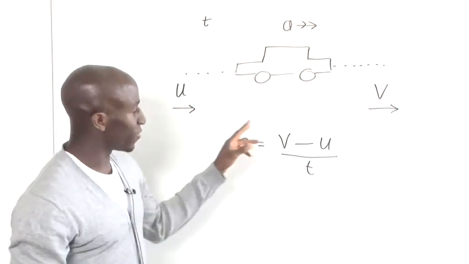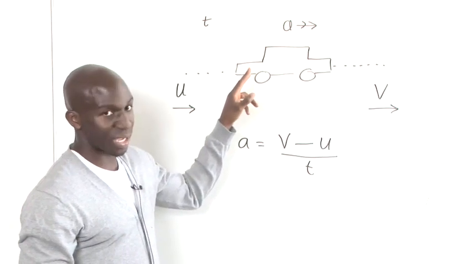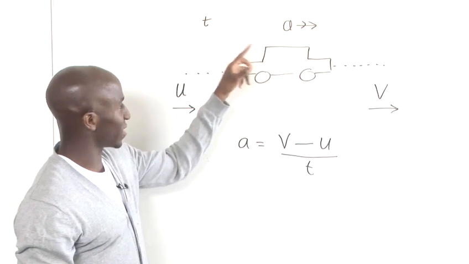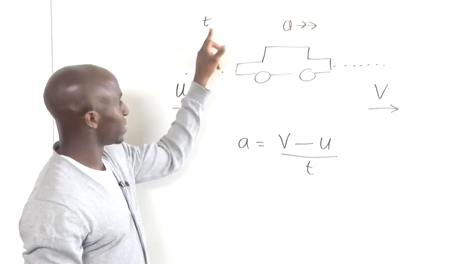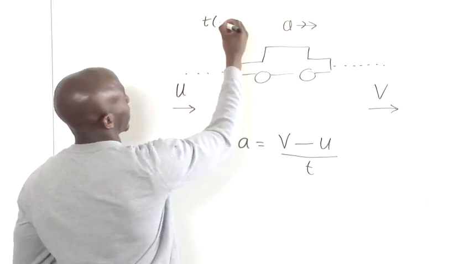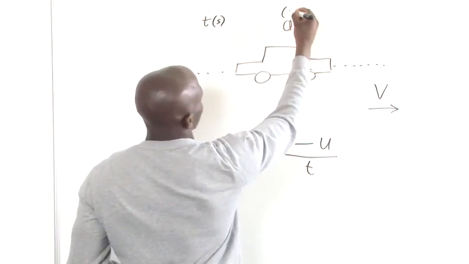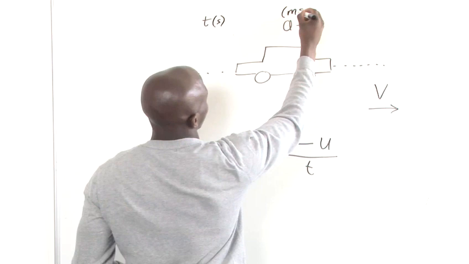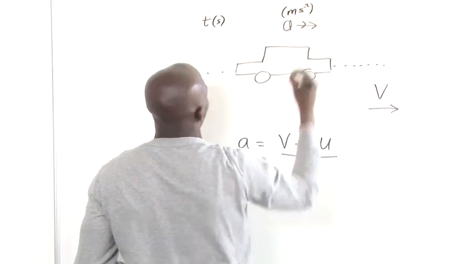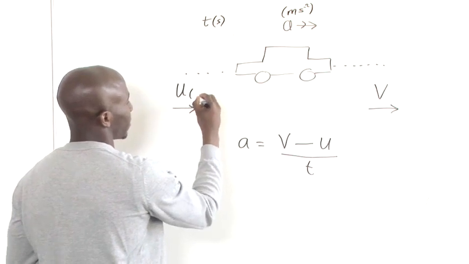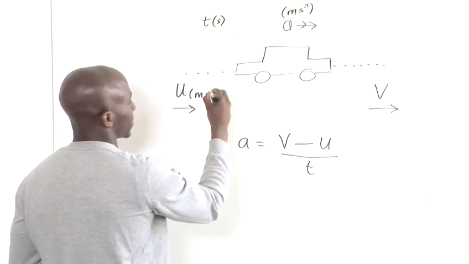The values we're looking for here are speed, acceleration, and time. Time is in seconds, acceleration is in meters per second squared, and initial and final velocity are both in meters per second.